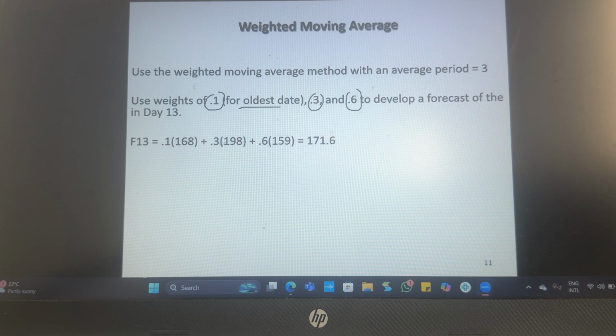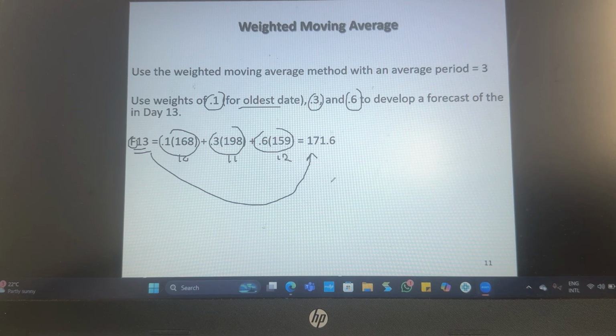So this is day 10, 11, 12. Day 12 is the latest, closest day, therefore we take 60% of that, the middle one 30%, and the oldest one 10%. According to this weighted moving average, for forecasting day 13, we get this number. Earlier we got 175. Now it is almost 172, right?